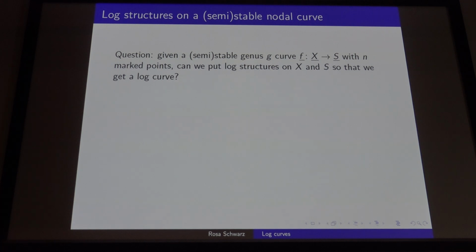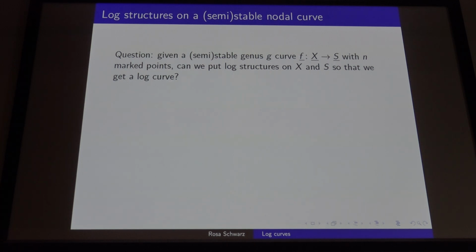of just schemes. So can we then make log schemes X and S so that we get a log curve? And this sounds logical, and the answer is yes. But you could also ask how many of these log structures you could give, so that there comes a log structure which looks like what you expect it to look like.